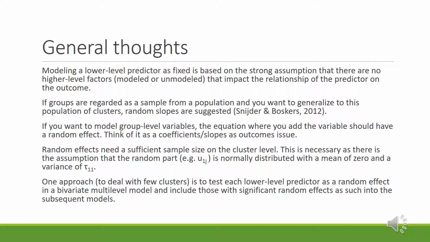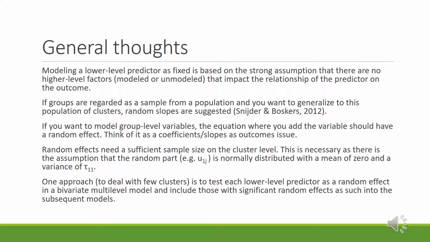The first thing is, if we're modeling a lower level predictor as a fixed effect, we have the strong assumption that there are no higher level factors, modeled or unmodeled, that impact the relationship of the predictor on the outcome. Now, Snijders and Bosker discuss a couple of examples or situations, and they say if the groups are regarded as a sample from a population and you want to generalize to this population of clusters, then you really should be using random slopes.